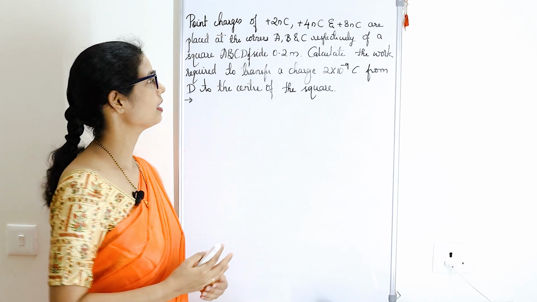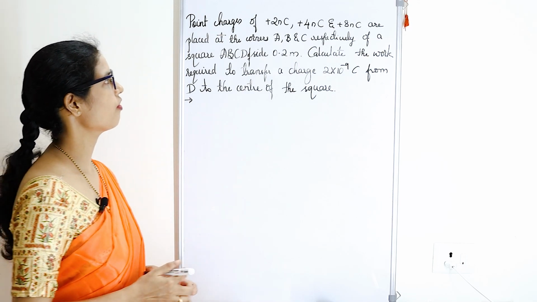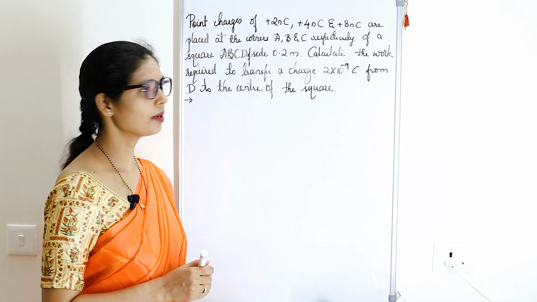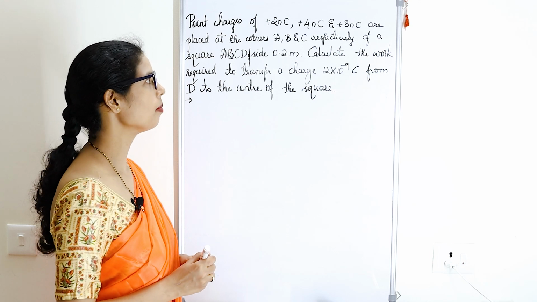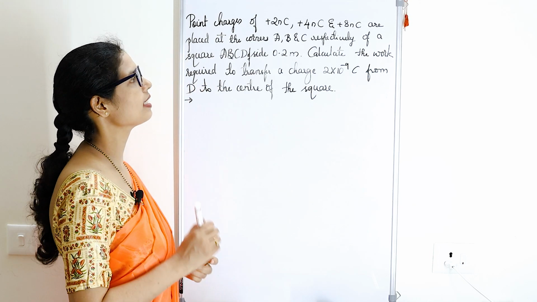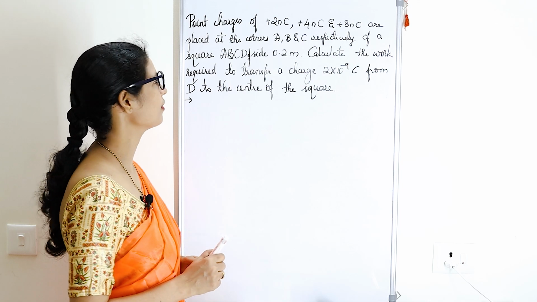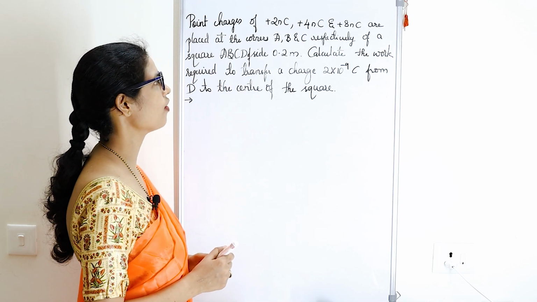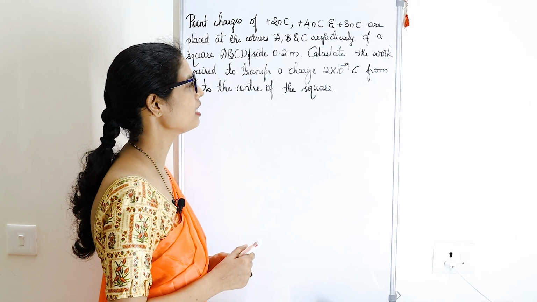The next problem is: point charges of plus 2 nanocoulomb, plus 4 nanocoulomb and plus 8 nanocoulomb are placed at the corners A, B and C respectively of a square ABCD of side 0.2 meter.